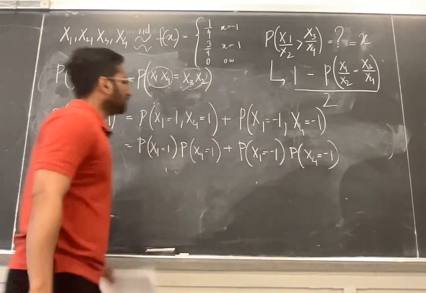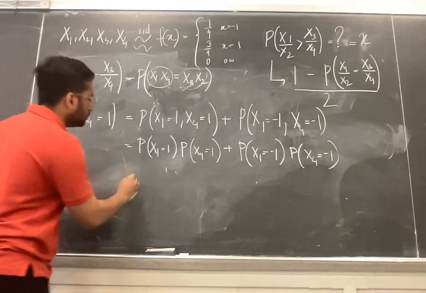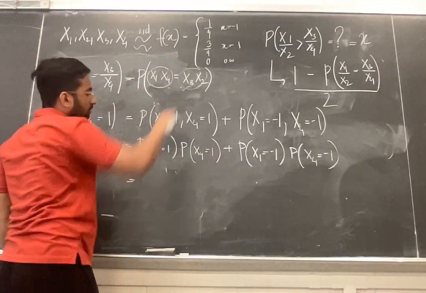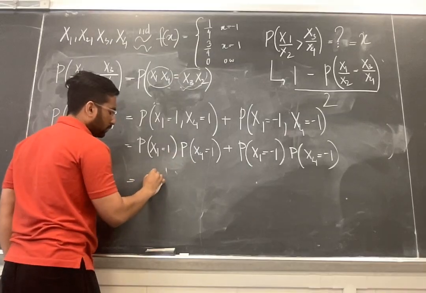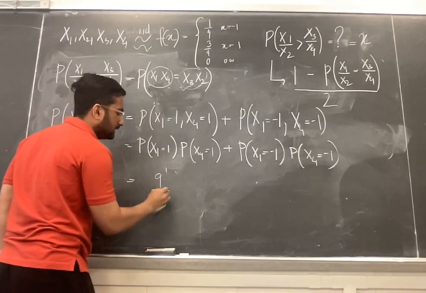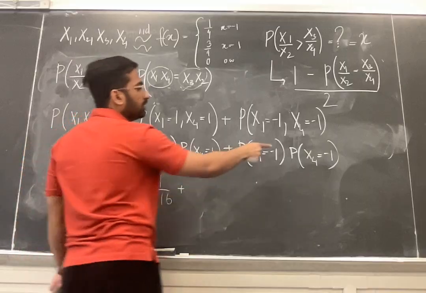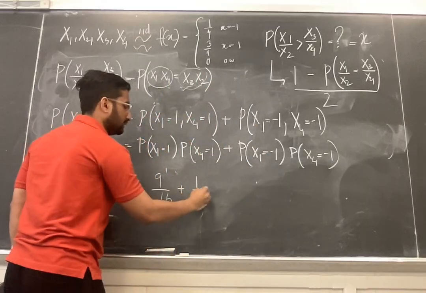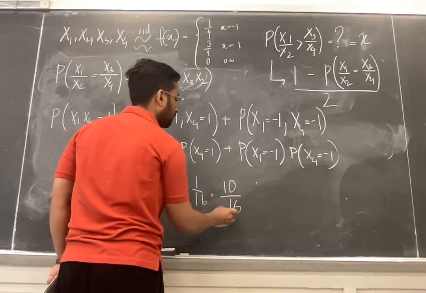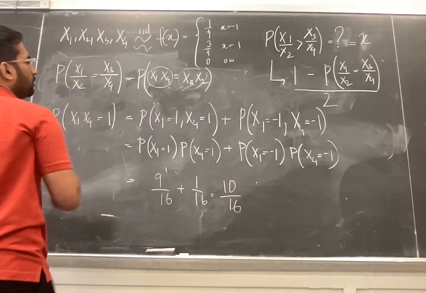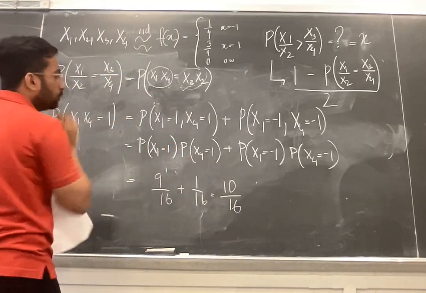Once you get this, you can now put the values out here. So you will get that both are 1, that is 3 by 4 whole square, so 9 by 16, plus both of them are 1 by 4, so 1 by 16. So 10 by 16. So this is the probability of this being equal to 1.